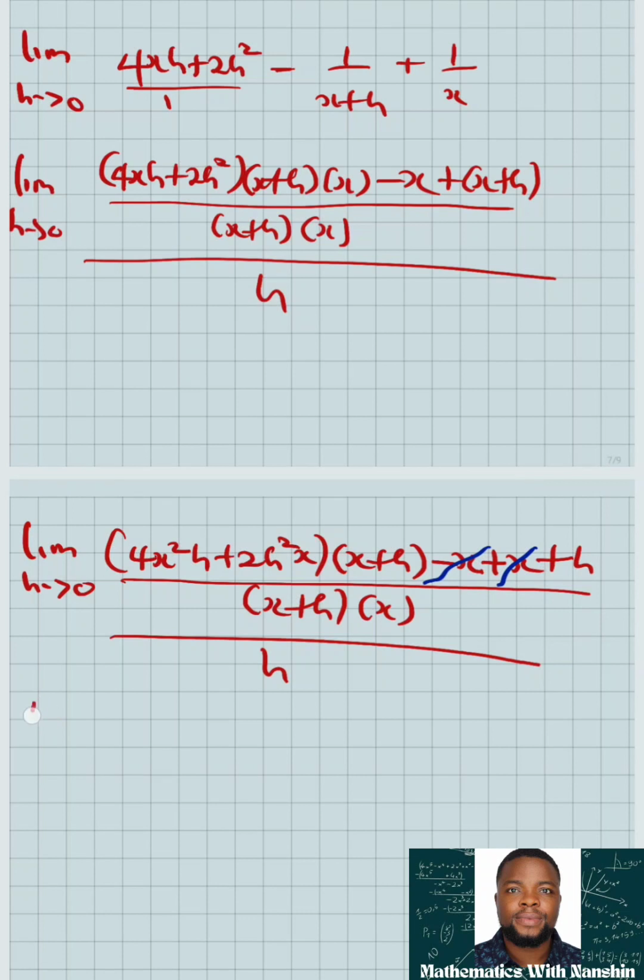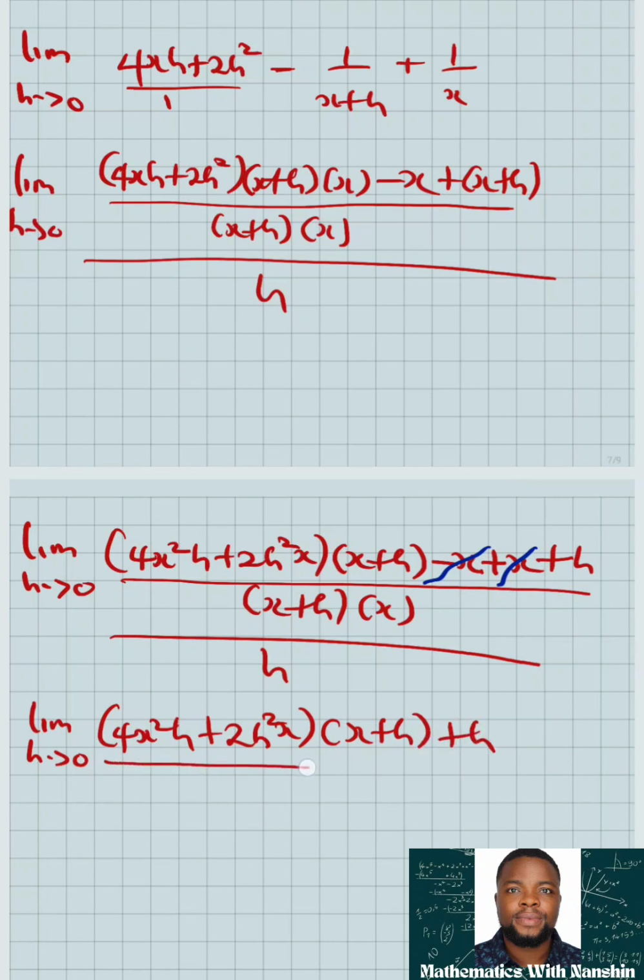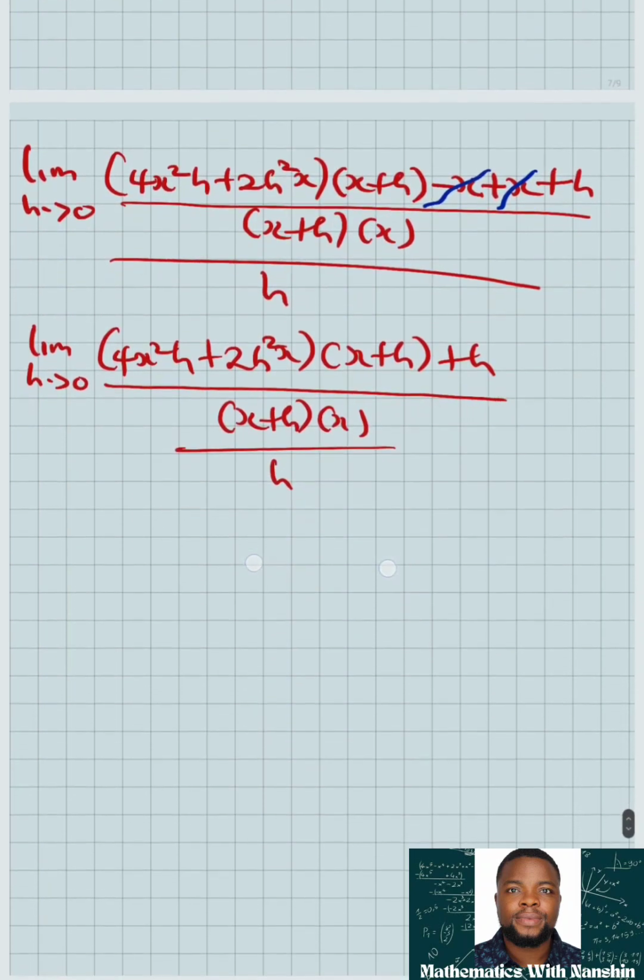So we have limit as h approaches 0, 4x squared plus 2hx, times x plus h, plus h, all over the LCM, x plus h times x, everything over h.